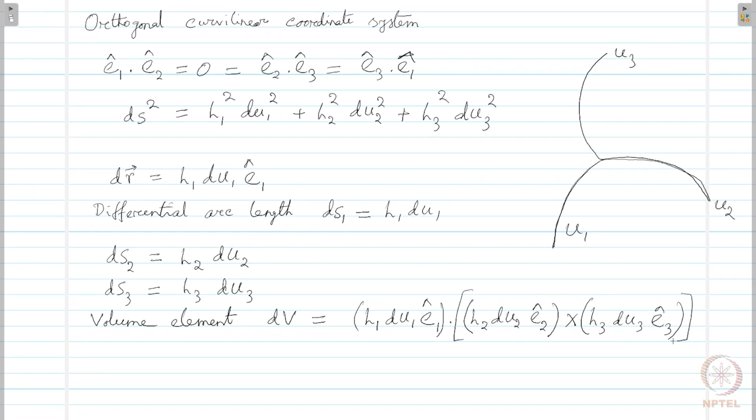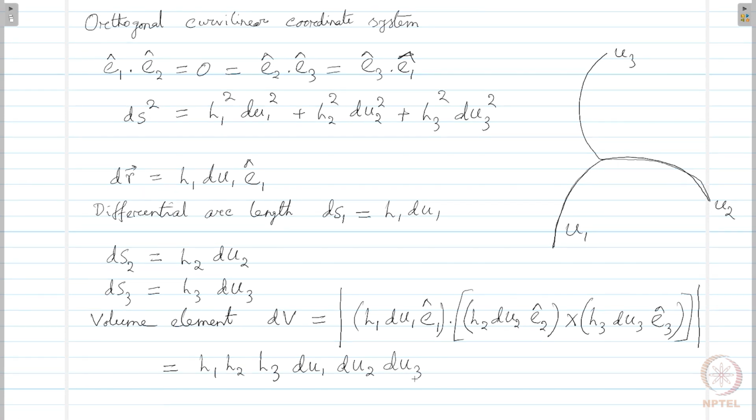like this. Because a triple product can have a negative sign depending on the order, and we want a positive volume element, we take the absolute value of this, and this turns out to be h1 h2 h3 du1 du2 du3.